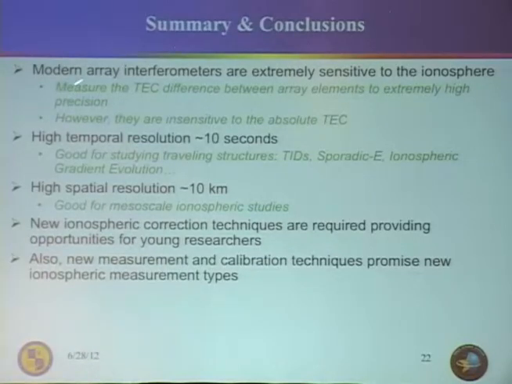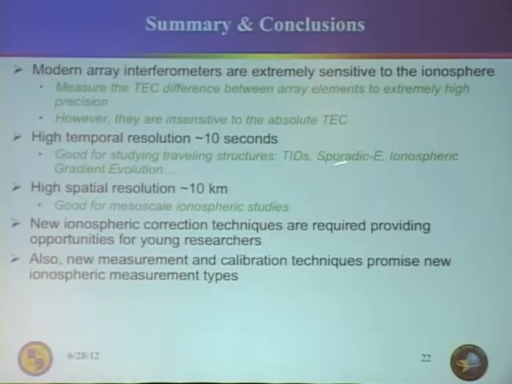The unfortunate problem is you can only measure the TEC difference between the elements in the array, but they're incredibly sensitive for that. They have high temporal resolution, which can be on the order of 10 seconds. Typically, with VLA measurements, we normally operate on the order of a minute or so, but they can be faster. LWA is set to go with about a 10-second highest rate for measurements.